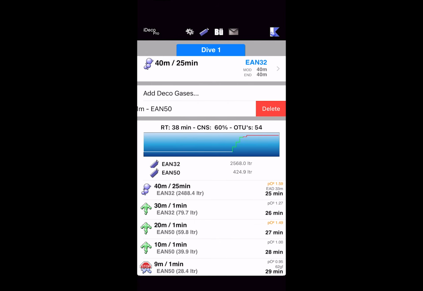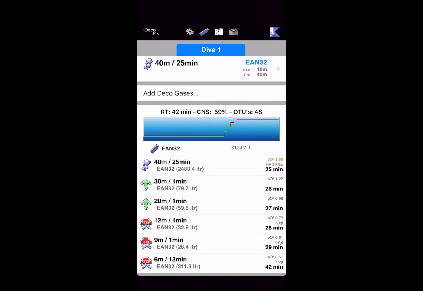Let's not put any deco gas in there right now. But you can see that we have a little dive plan. 40 meters for 25 minutes on EAN32 will yield this plan. But hang on, the Horizon doesn't do the gas that we give it, right?